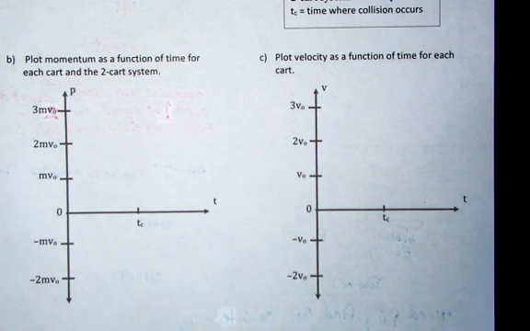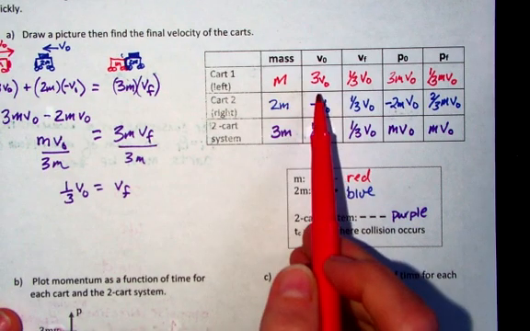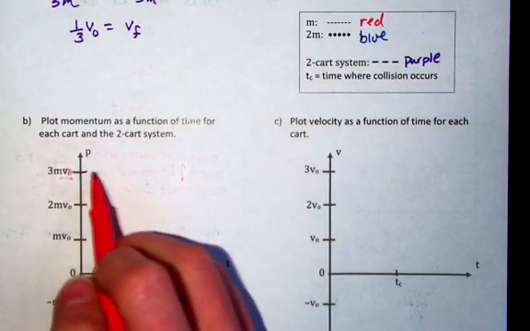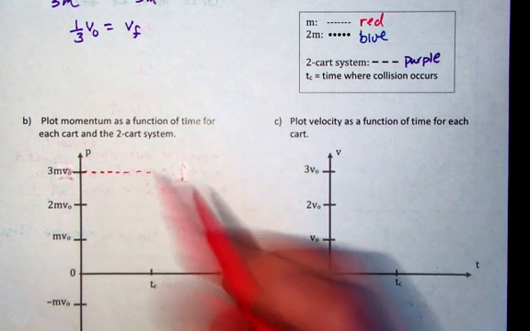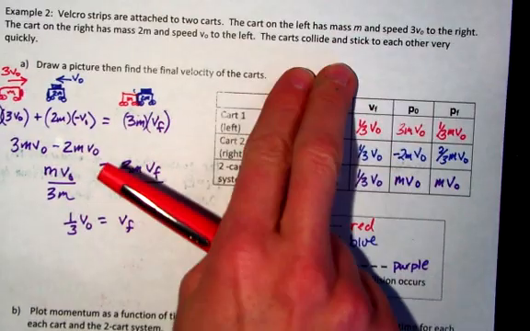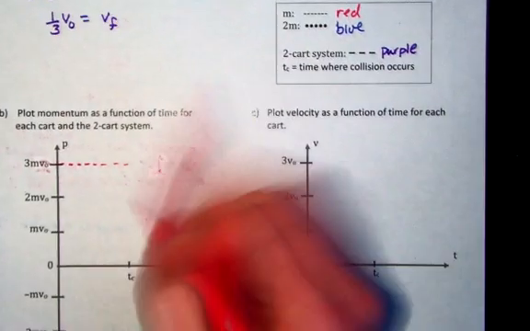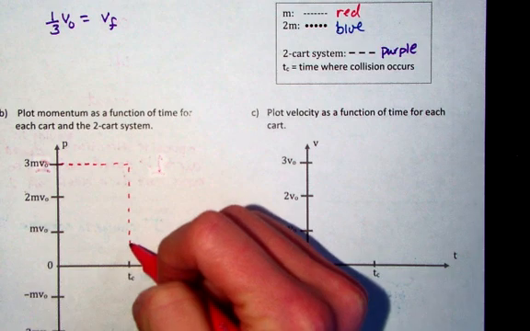So what's going to happen then is for the red, my cart on the left with mass m, I'm looking at momentum first. My initial momentum is 3 mv naught, and I have that until the time of the collision. All right, now the carts collide and stick to each other very quickly, so very quickly would be essentially straight down.